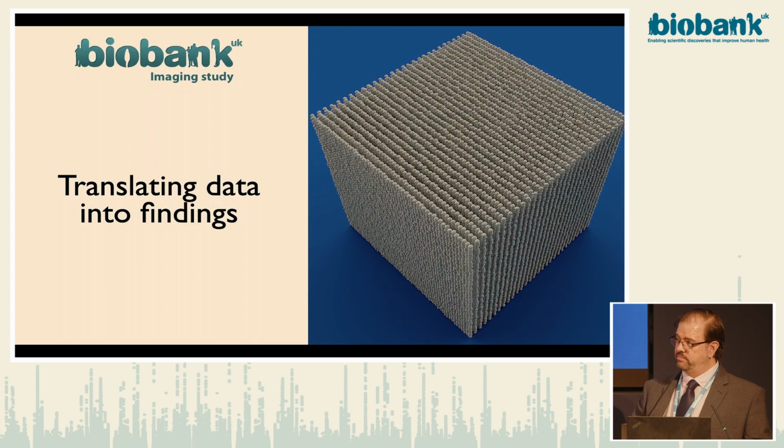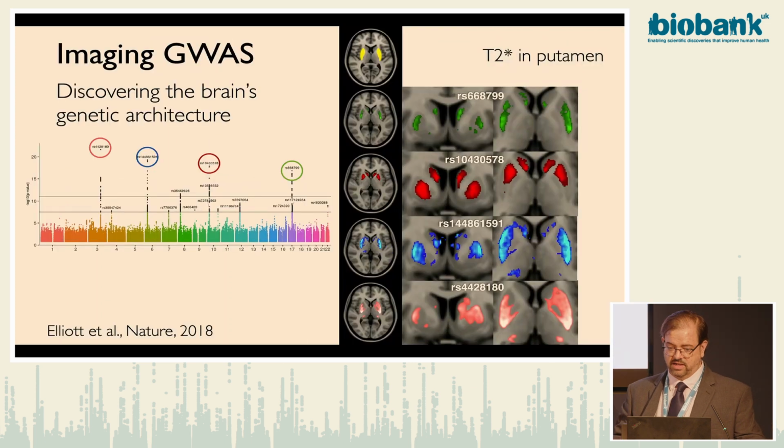And thanks to the production of this data, and also to the curation of it, we are able to perform our own research. And I'm just going to give a few examples of this. We have studied the genetic architecture of the brain. For example, in this case, this is just one of the examples that we studied.